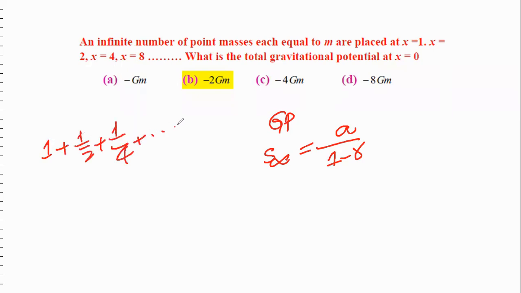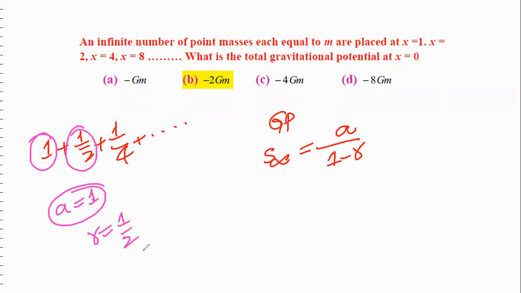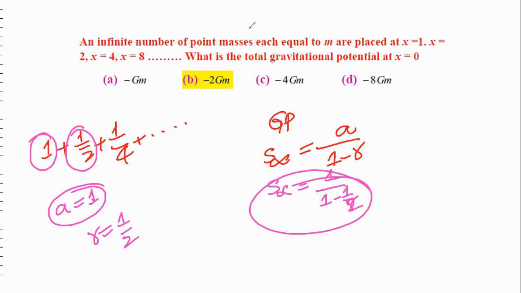Like that, if it is there, this is the series. The first term, a, is taken as 1. R is taken as the ratio of the second term, R is 1 by 2. Like this, we have to add. So S infinite is equal to 1 divided by 1 minus 1 by 2. Like this, we will calculate.